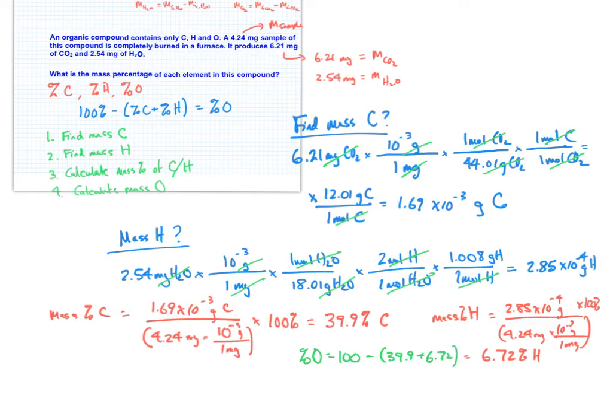Those are the percentages of carbon and hydrogen. And that is going to equal 53.4% oxygen. Okay, so now I have found percent carbon, percent hydrogen, and percent oxygen.